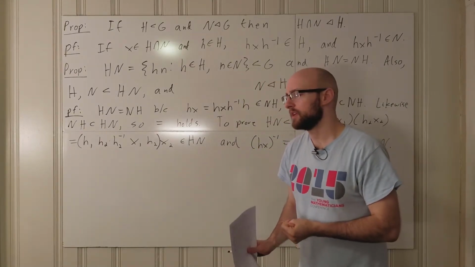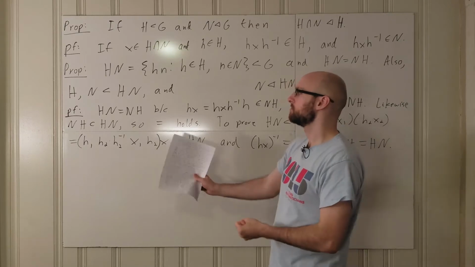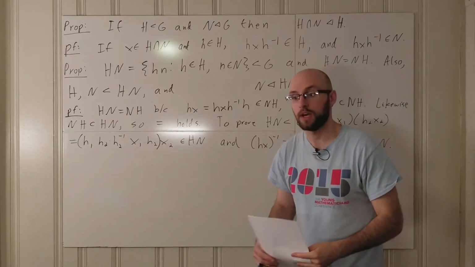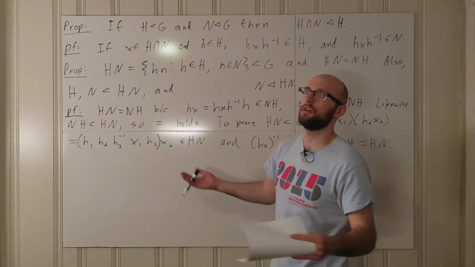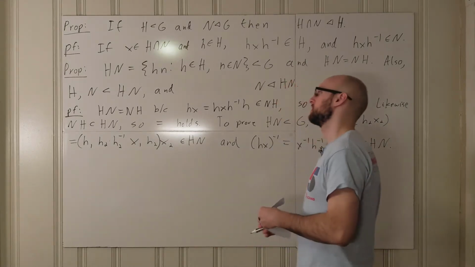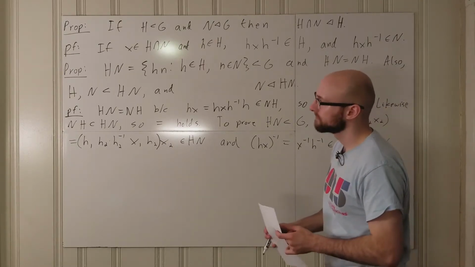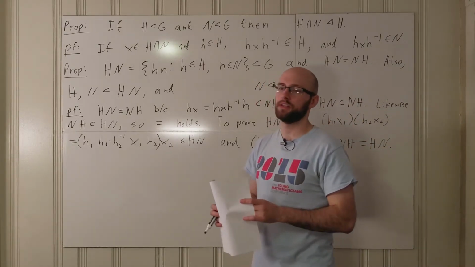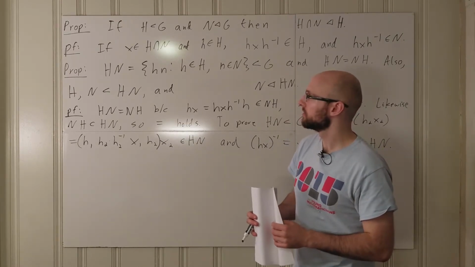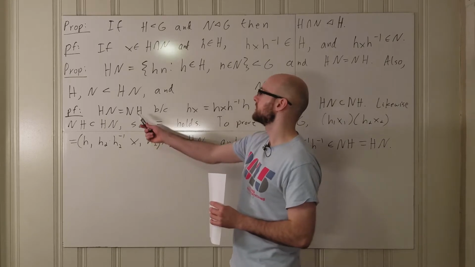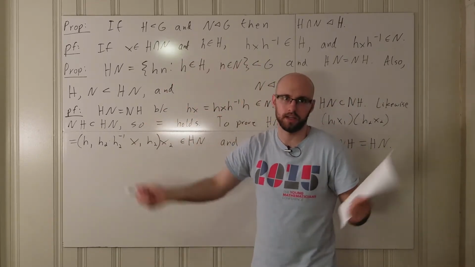And I've been kind of skipping over this a lot, but you don't even have to prove that it contains the identity element, because now we automatically have it. So long as a set isn't empty. Maybe sometimes you need to prove existence of some element in there in order to do that. But we know that HN is not empty because H and N both contain elements, say the identity.